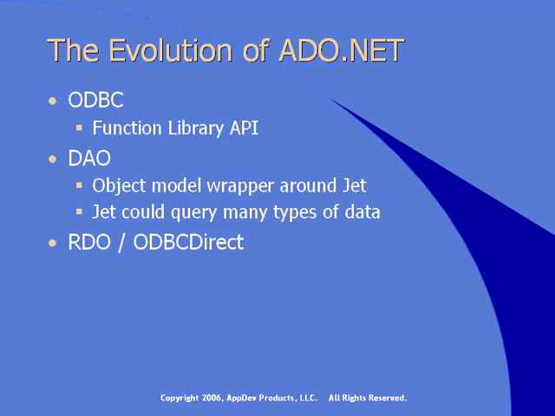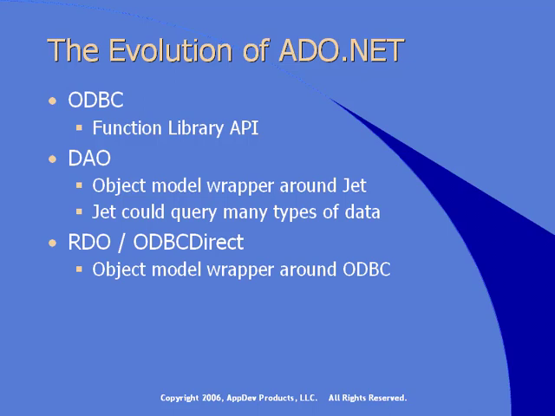And then to provide this same level of support for working with remote databases for DAO programmers, something was introduced that never really caught on too much, and that was ODBC Direct, which was a DAO extension that was really just kind of a wrapper around RDO using objects that had the same names as the DAO objects.